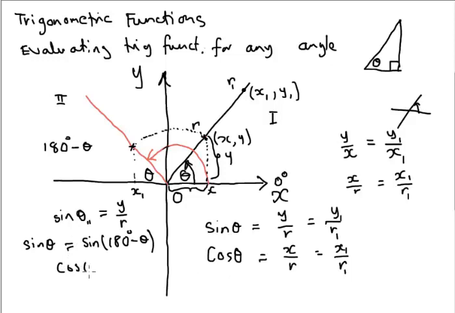So now, which means the cosine of theta 2 will be x1 over r, but r will be the same, isn't it? So this x1 over r and this x over r, numerically they are going to be the same, but they are going to differ only by the sign, negative or positive, isn't it? In this case, this one will be negative because the x coordinate here in the second quadrant is negative.